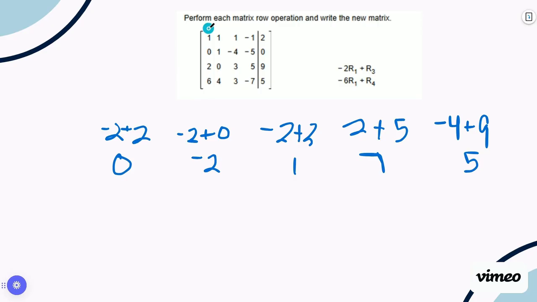So -6 times 1 is -6, and then we're going to add the corresponding element in row 4, which is +6.